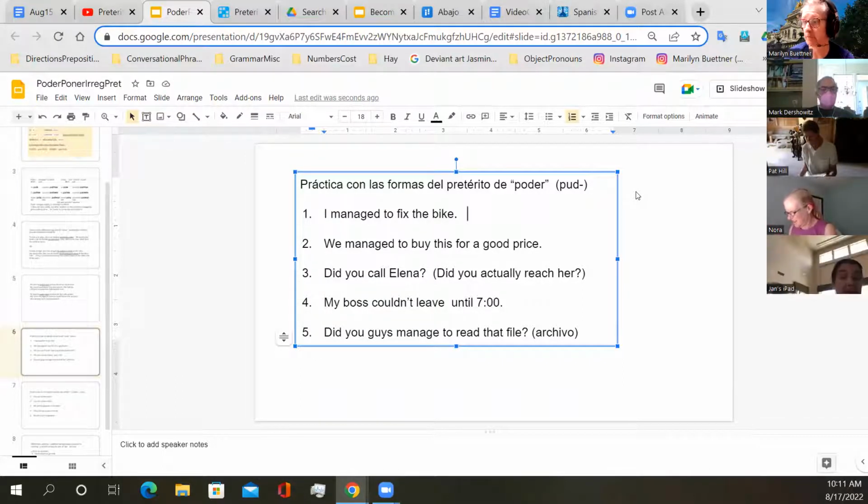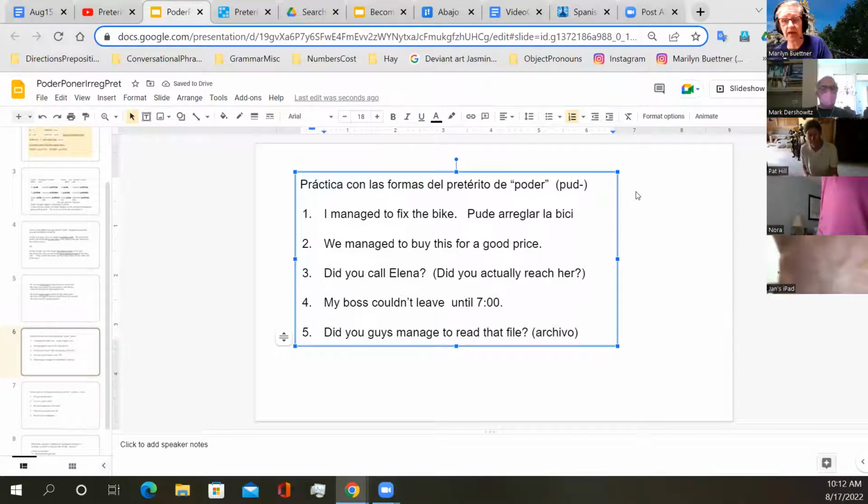Pude arreglar la bicicleta. Pude, sí. Arreglar is one way to say it. You could say reparar. There are a few different ways to say fix, but arreglar works. Pude arreglar la bicicleta, la bici. Pude arreglar la bici. Pude.